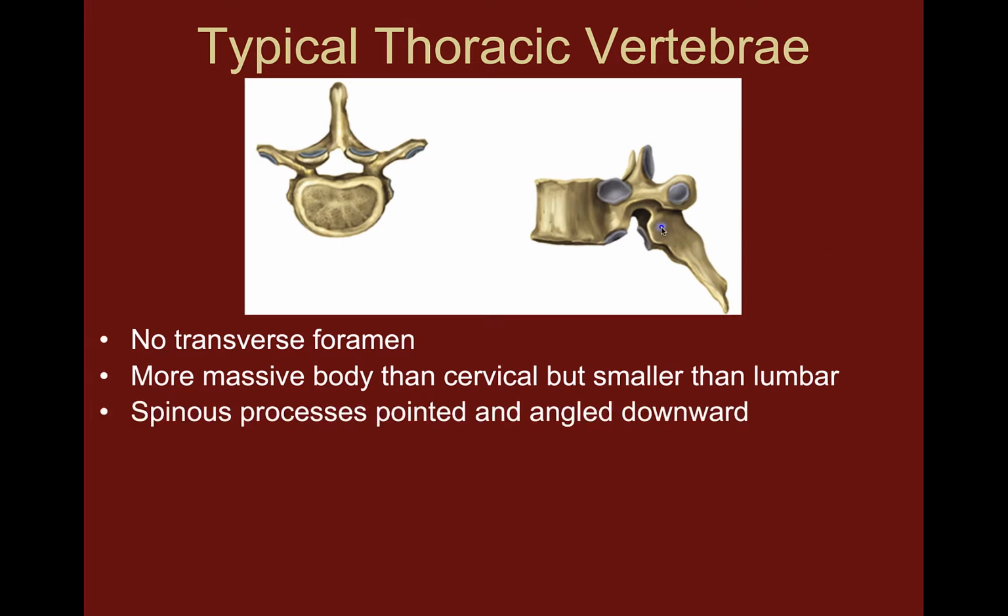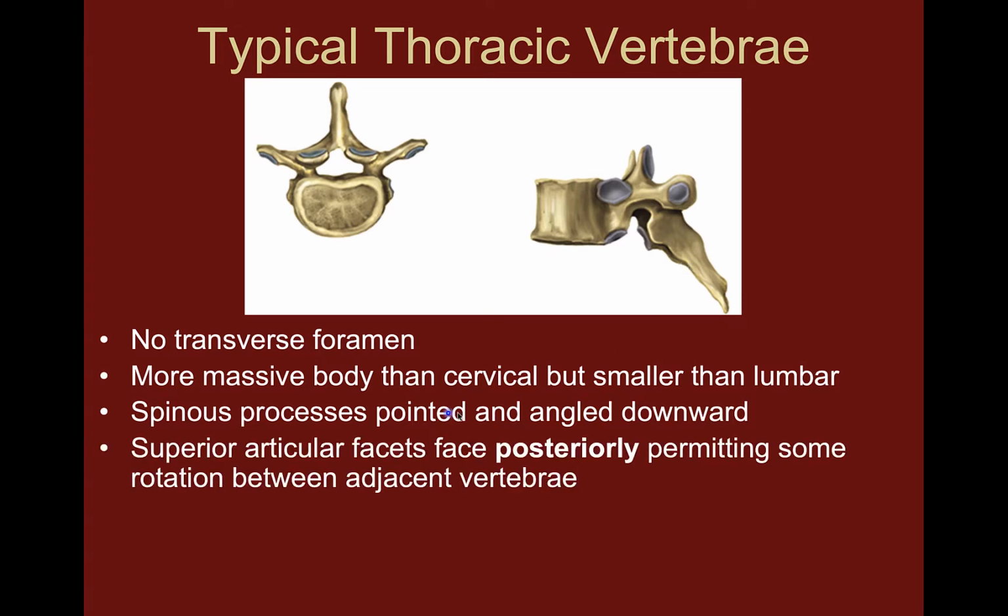The spinous process is pointing downwards and is angled down here, much more than what we saw with that cervical vertebra. And our superior articular facets are facing posteriorly now, so that's a little bit different. And then down here we have our inferior articular facets that are facing anteriorly.